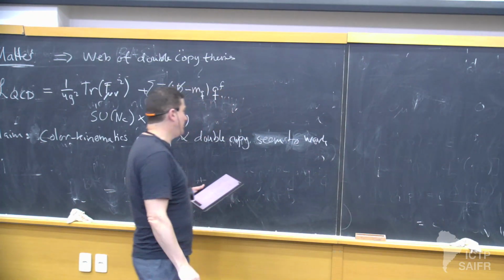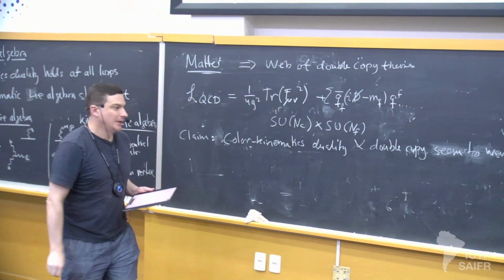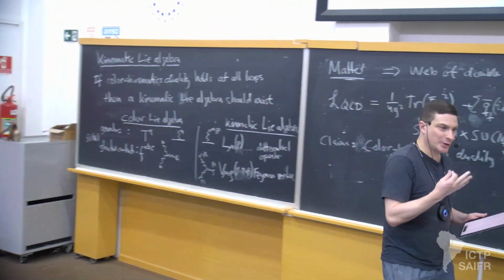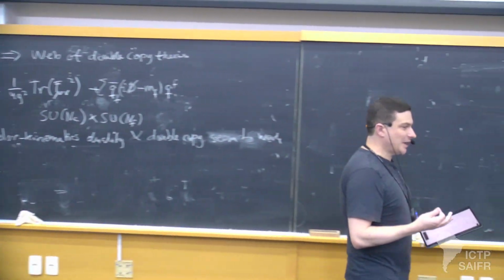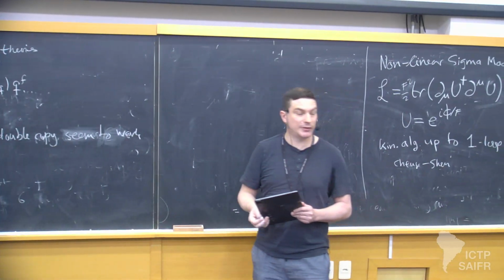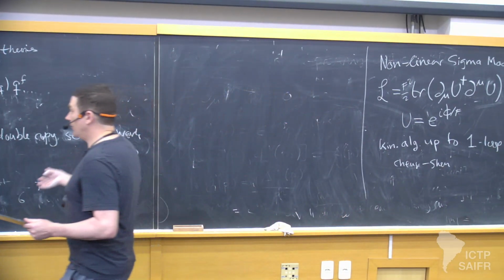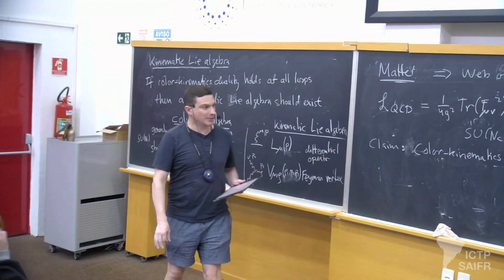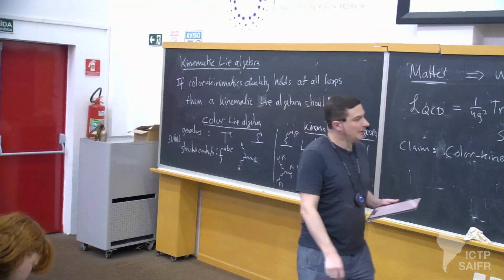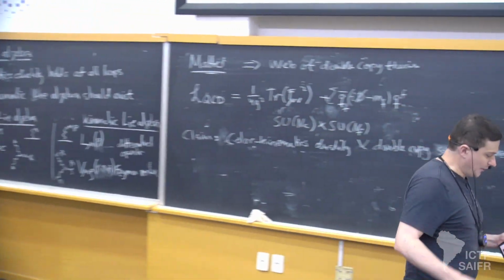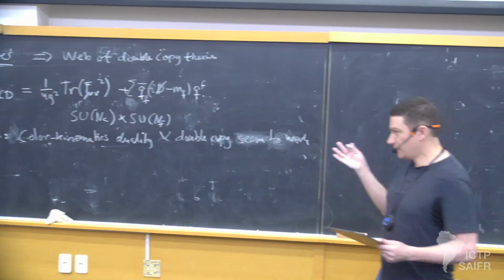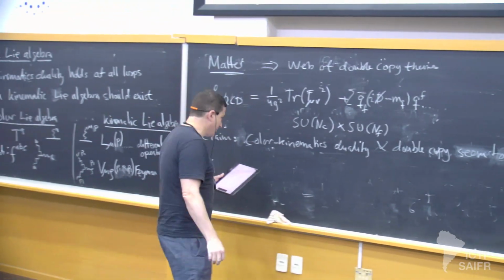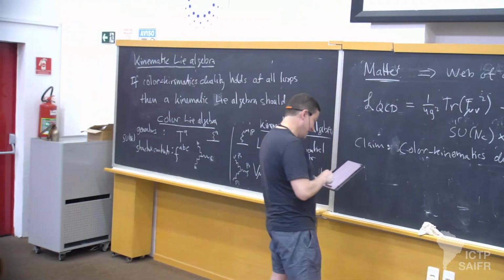And the reason I'm being so sketchy here is because, as far as I know, there's no proof of the statement that it works at tree level even. So we checked that it works up to 8 points at tree level. And then there's been some loop-level calculations as well, but typically very simple ones. So there's lots of things to prove here. But for now, take my word for it, and if you disagree, write a paper.